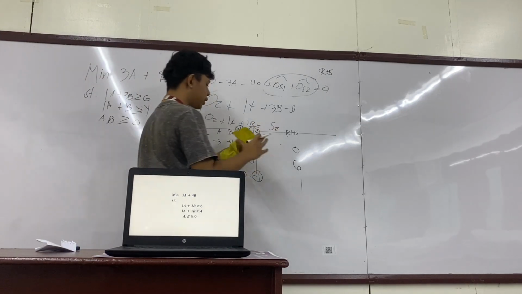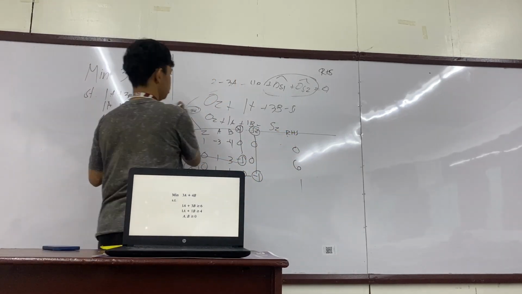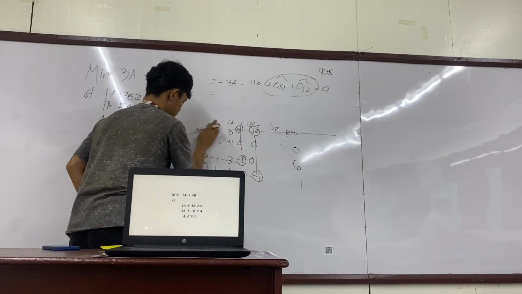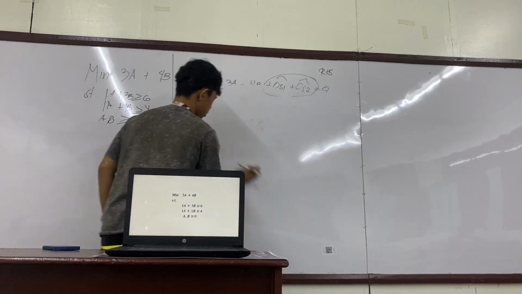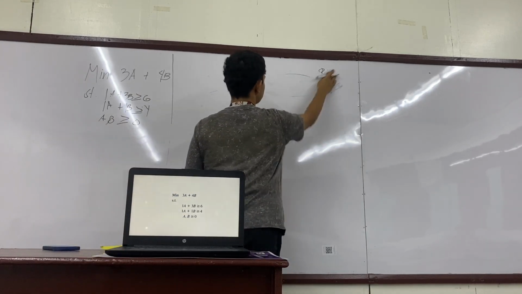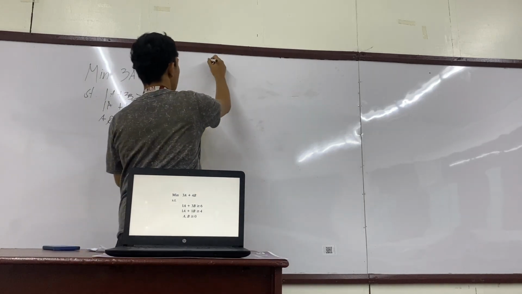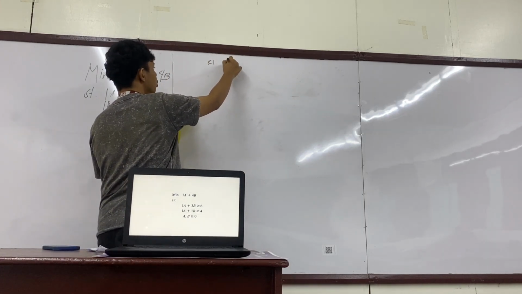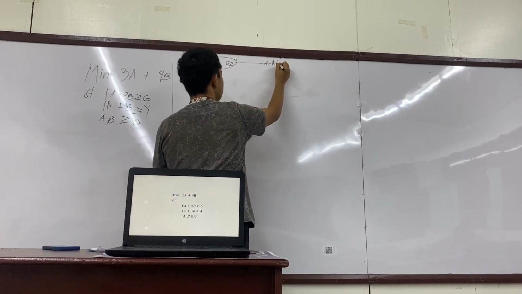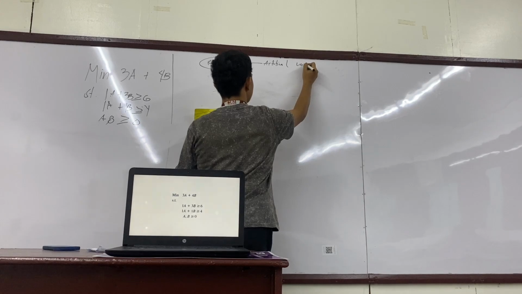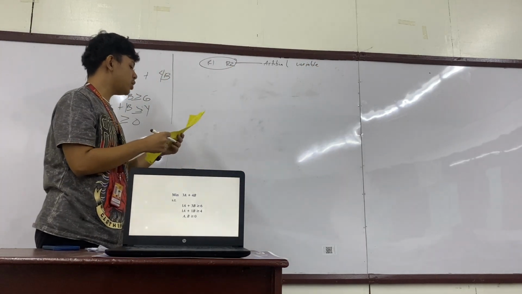we need to add the artificial variables, which are the R1 and the R2. We need these to support the equation.